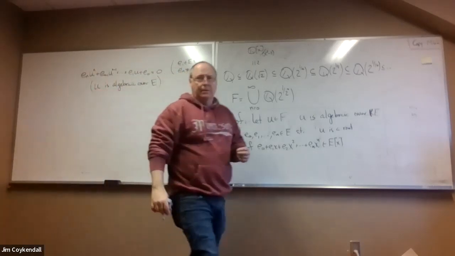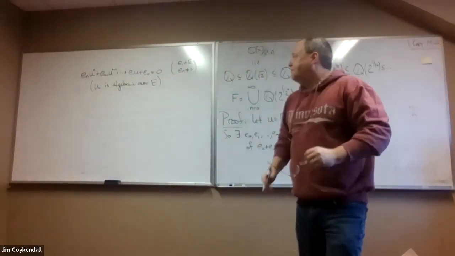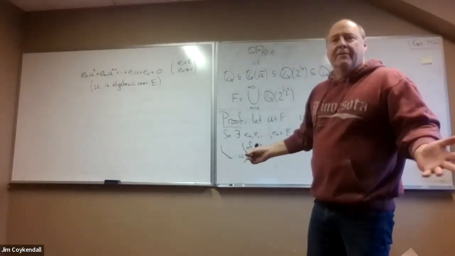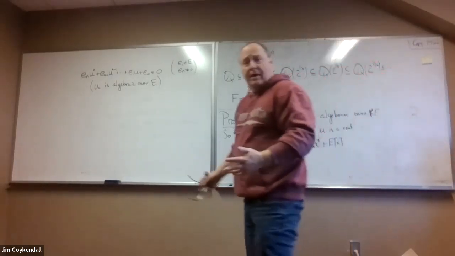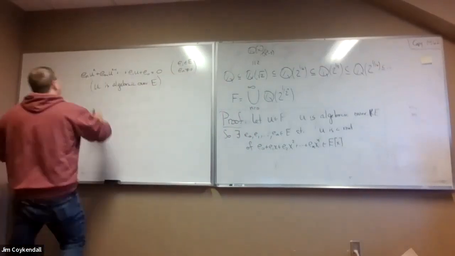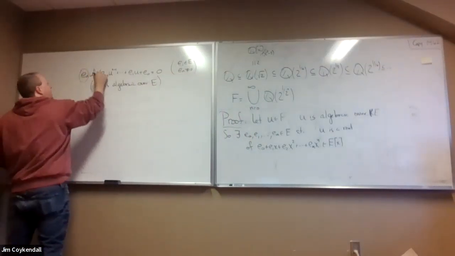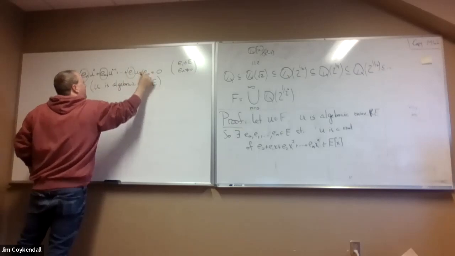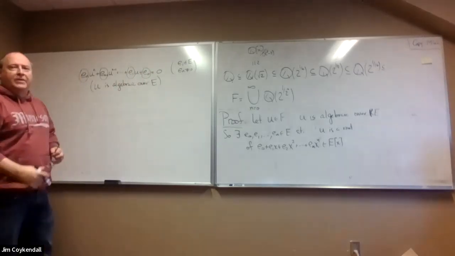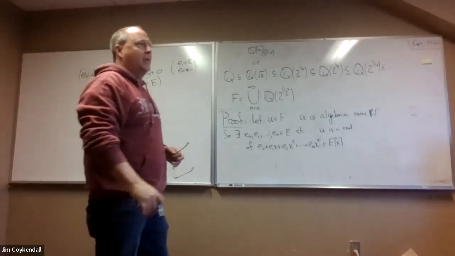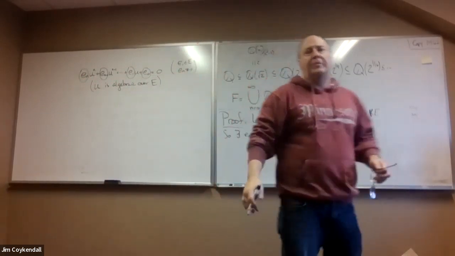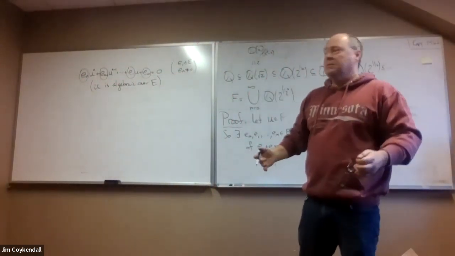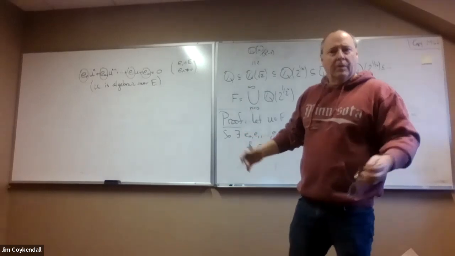But that is actually overkill. I didn't need everything to make U algebraic, right? All I needed to make U algebraic are these n+1 coefficients. So I don't need all of E for this to be algebraic. I just need E0, E1, all the way up to En.